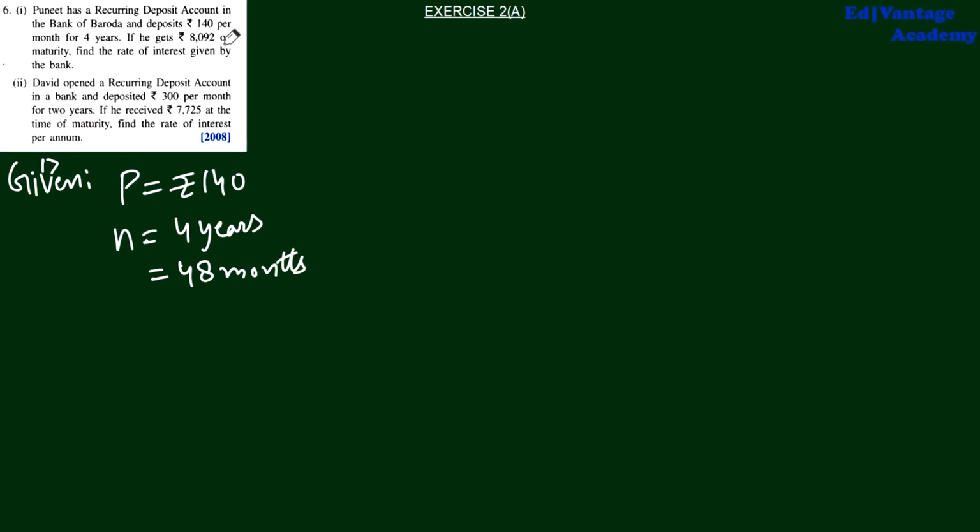If he gets 8092 on maturity, so if you read carefully, 8092 is the amount he gets on maturity. If they would have said interest, then it was interest, but they said he gets 8092 on maturity. So this is the total amount he has got on maturity, the maturity value. Find the rate of interest.